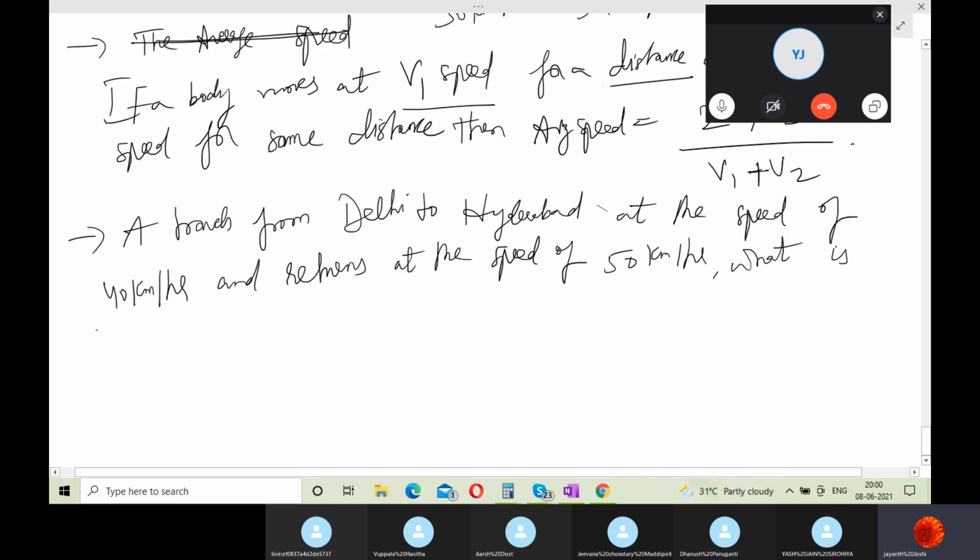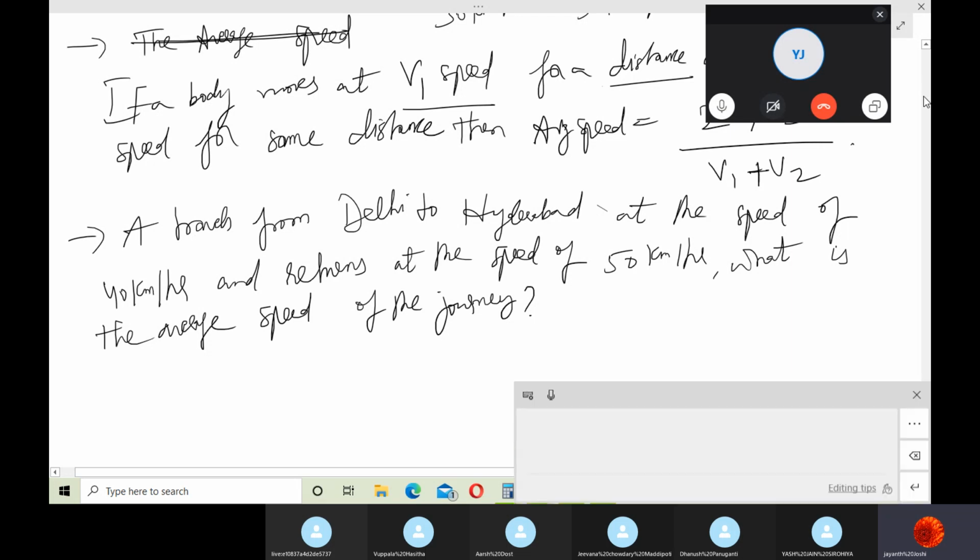What is the average speed of the journey? Just solve this. The formula is above.